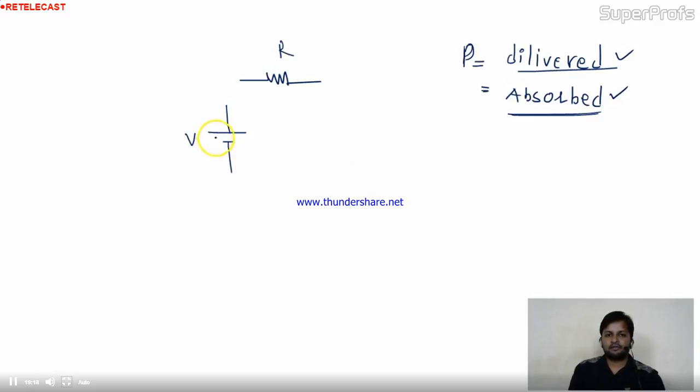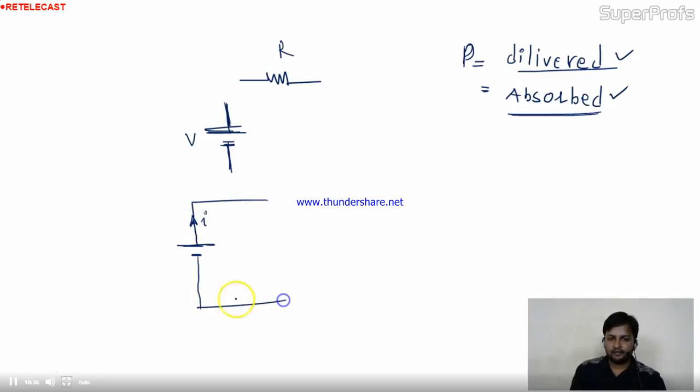So the sources that deliver the energy are power delivery sources, but in one condition. See, suppose this is the independent source. What will be the direction of current? This is the direction of current, right? It means this voltage source or independent source is supplying energy to the circuit.